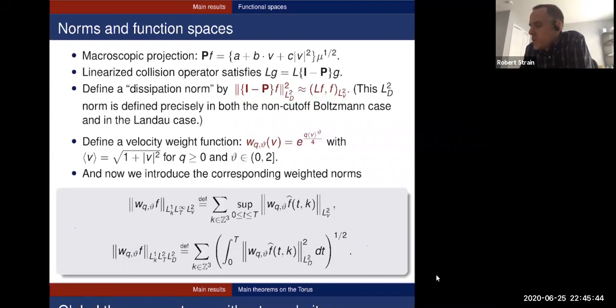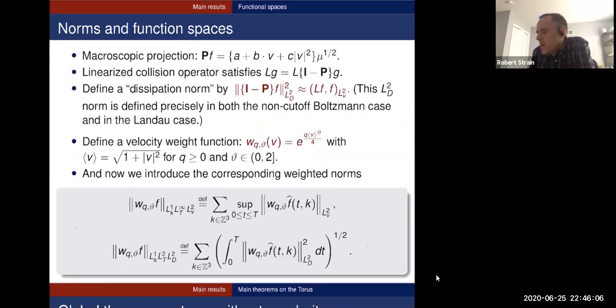In fact, I showed you what the norm is in the non-cutoff Boltzmann case earlier in the talk. And then we define a velocity weight function, w_{q,theta} is e to the q bracket v to the theta. Bracket v is just growth of v of order 1, for q and theta.